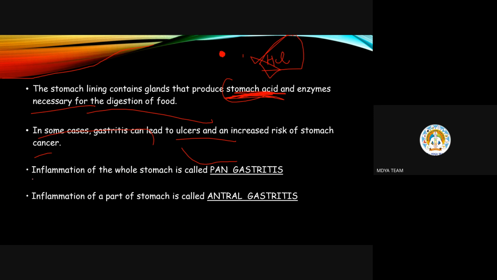Inflammation of the whole stomach is called pan gastritis, where this word pan we have studied before also. In which disease? Anyone? Sinusitis. Right. And what word in sinusitis, if all the sinuses are affected?